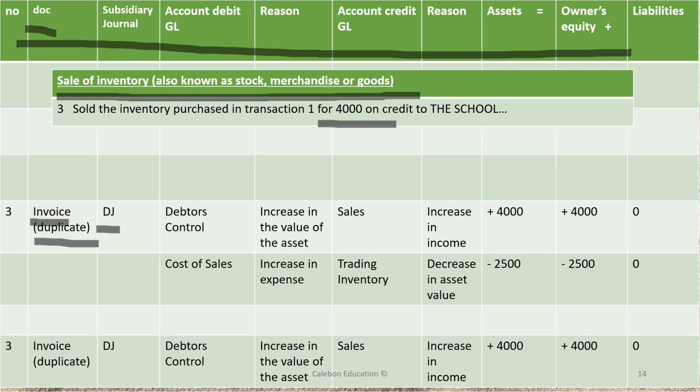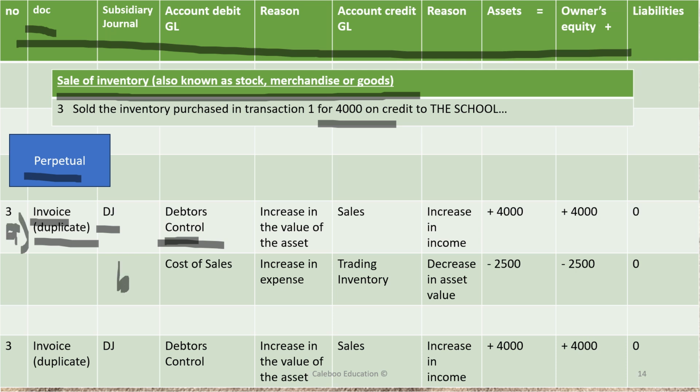and the account that was debited, this is perpetual. Well, let me pop that in there. The perpetual inventory system, debtors control was debited. That's part A of the sale. I could actually write here A, and that there is part B. So in the general ledger, the account that was debited was debtors control, and the reason is a debtor is an asset, increasing the value of assets in our books.